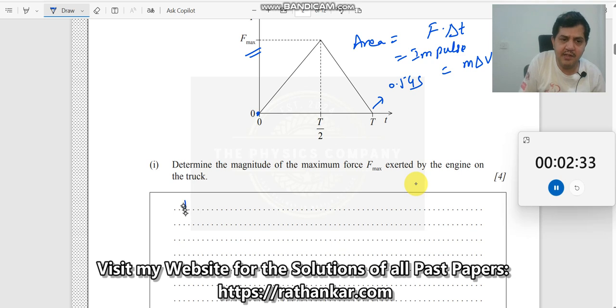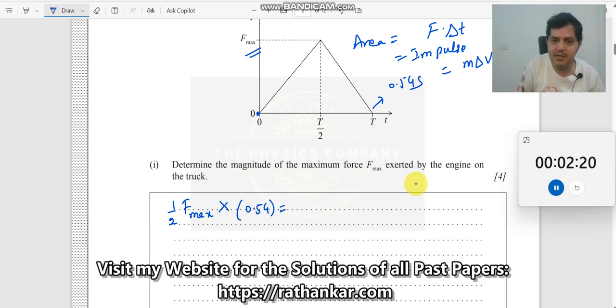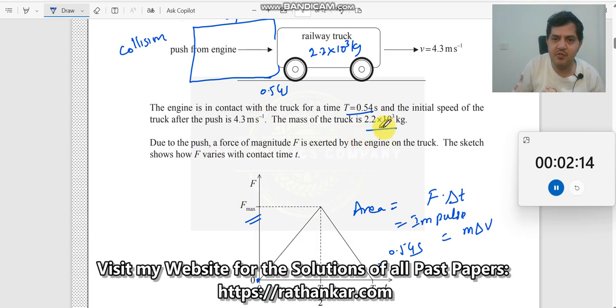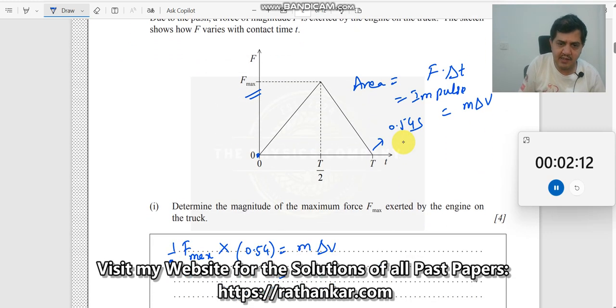Therefore, let us find the area here. I do not know what F max is over here. The area is half into altitude multiplied by time taken. The time taken is 0.54 seconds, which should be equal to mass m into delta v. Now what is m here? m is 2.2 into 10 cube. So let us substitute this value: 2.2 into 10 cube multiplied by delta v.